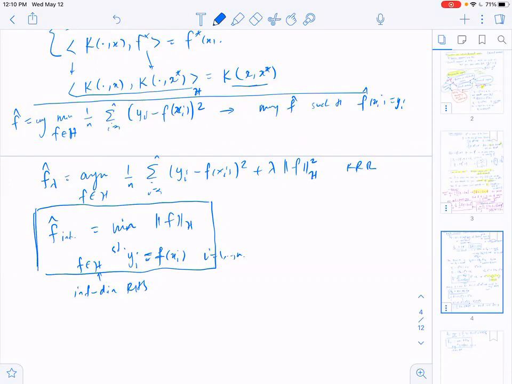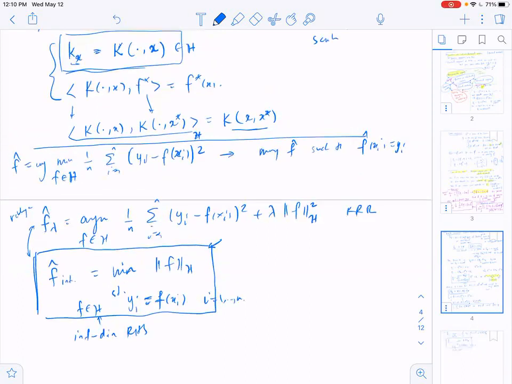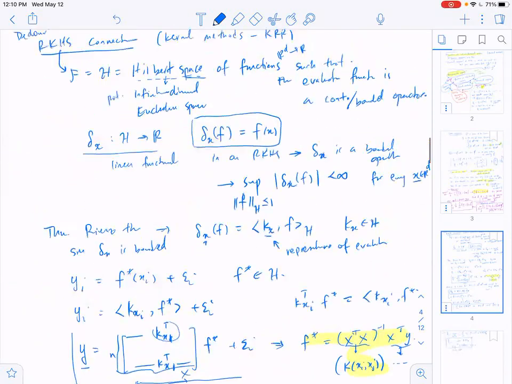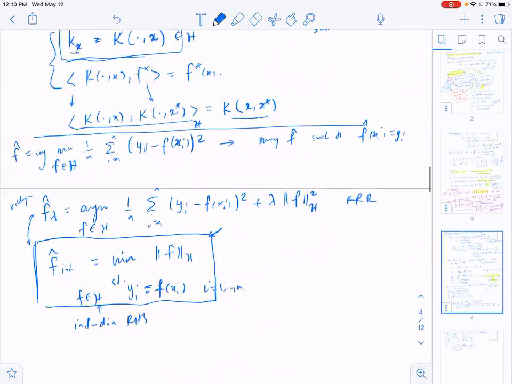These ideas are very similar to ridge regression and minimum norm solution that we started talking about in the finite dimensional case in the first lecture. These came up. And nowadays people would think these interpolation estimators are actually interesting. In any case, this is a quick detour into the RKHS.